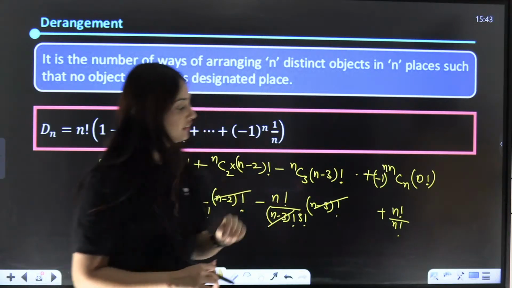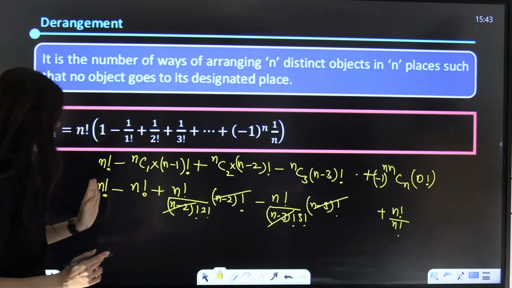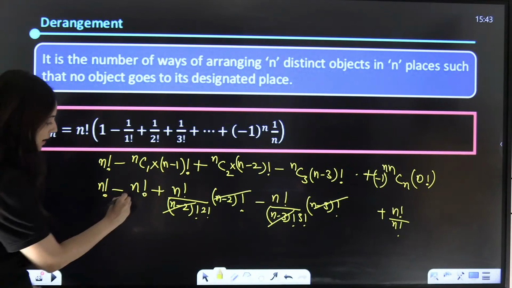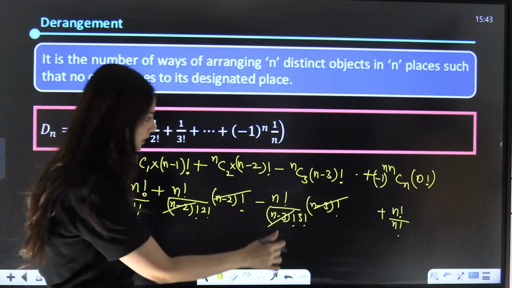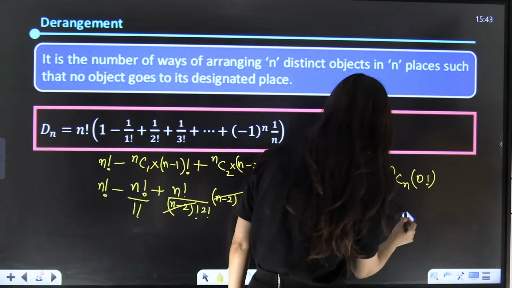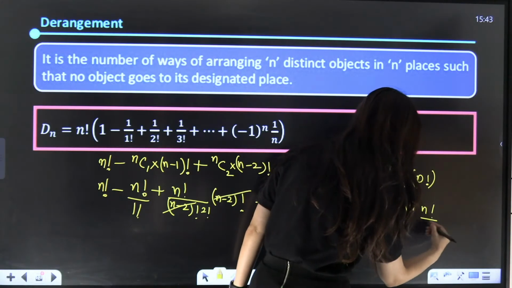Okay, so like that, we have n factorial minus n factorial by 1 factorial, n factorial by 2 factorial, and so on. And this is actually minus 1 raised to power n, n factorial by n factorial.